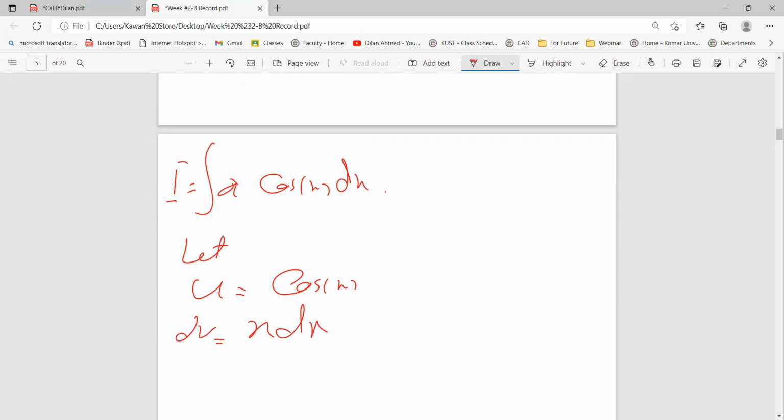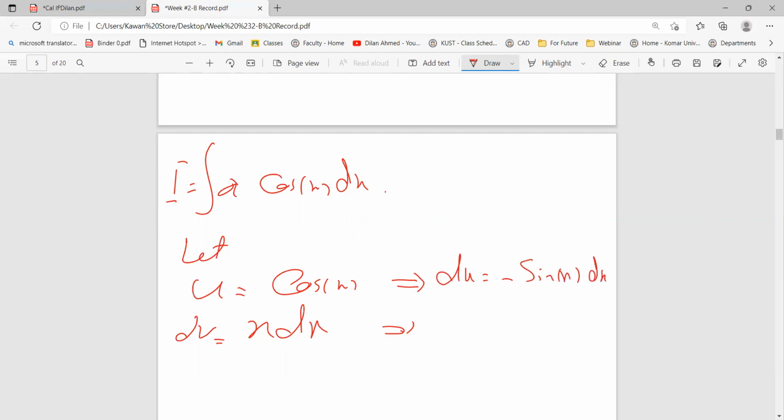Am I right? Maybe during the exam you mix them. So how do we check also, how do I know I am on the good way or not? The second step, derivative of u, so du will be minus sine x dx.